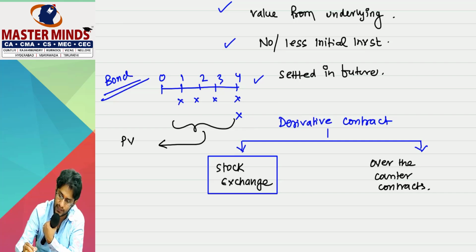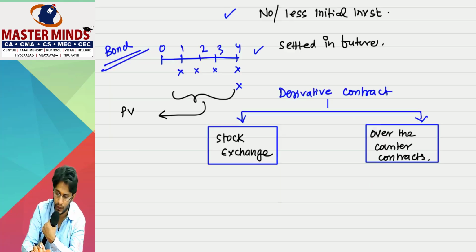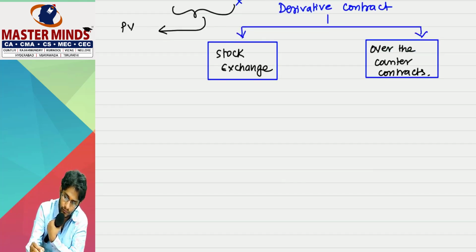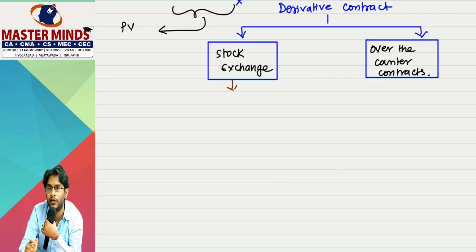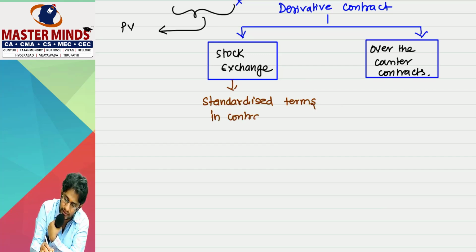So derivatives can be entered on a stock exchange, or they can be entered over the counter with some other party. Now, the derivatives you enter on stock exchange are basically standardized. The terms of these contracts are standardized. Who decides these standardized terms?